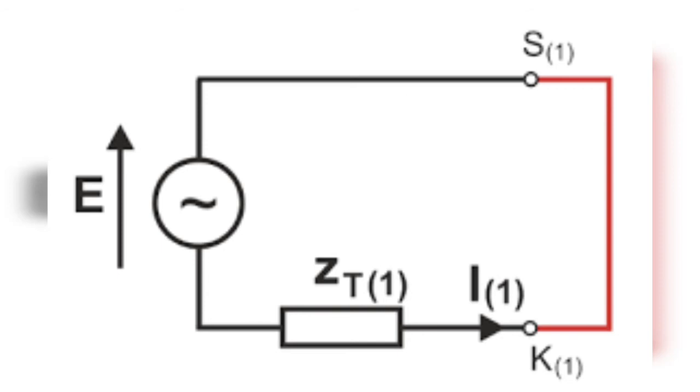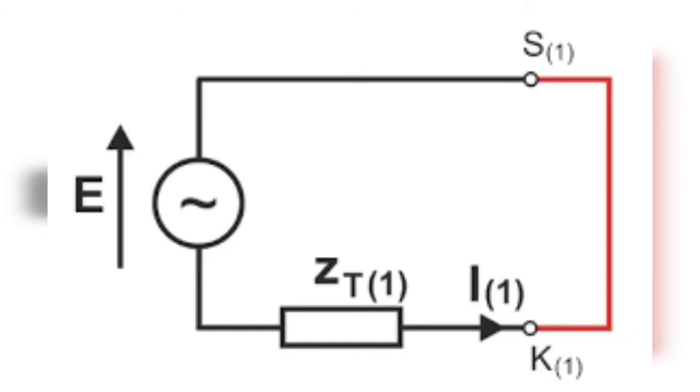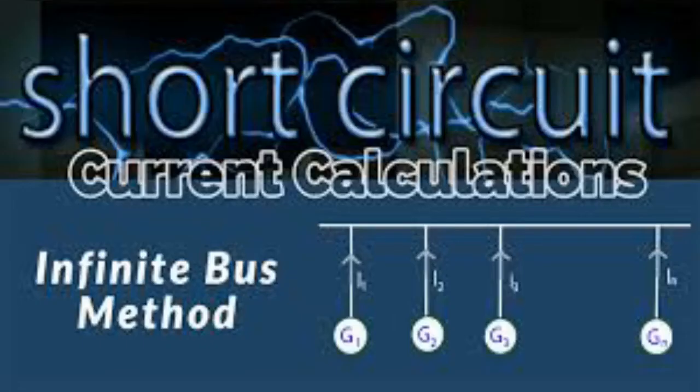A ground fault current is difficult to know in an electrical network or distribution. It is heavy, and it is tough to find.